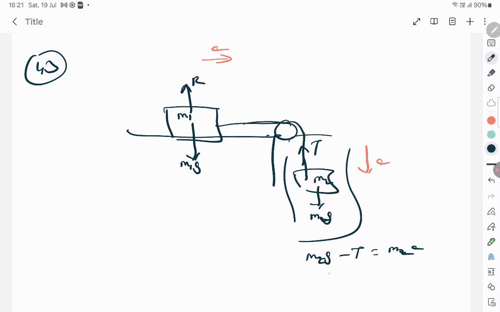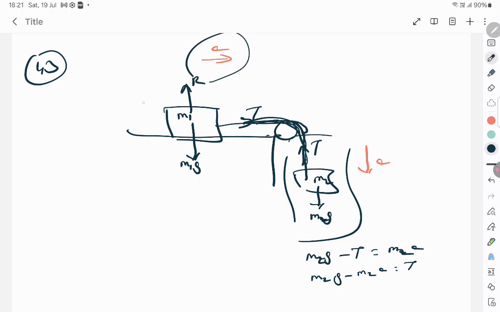So for the tension, you can just write m2 into g minus m2 into A is equal to tension T. That is my tension in this, and it's the same tension which will be here also, because it's the same rope running over the pulley, so the tensions have to be the same.